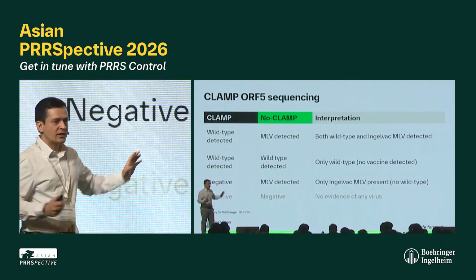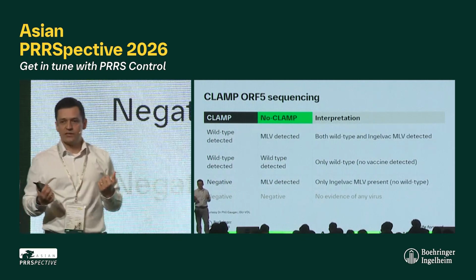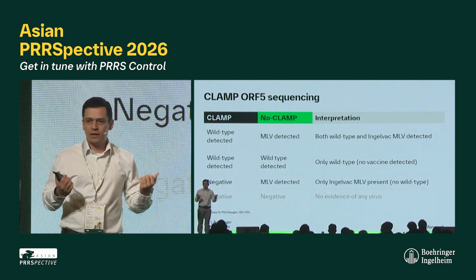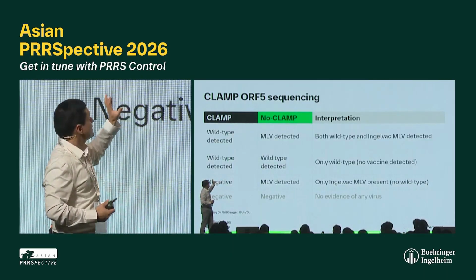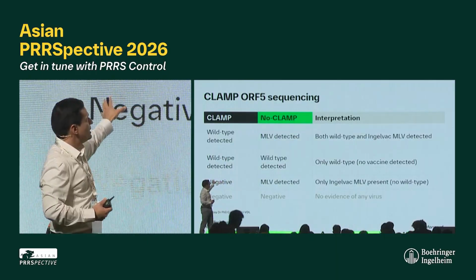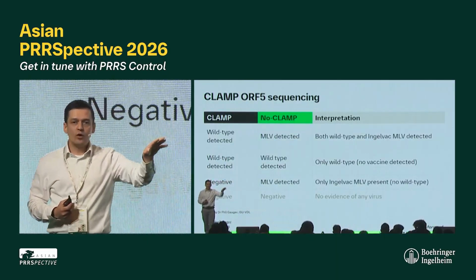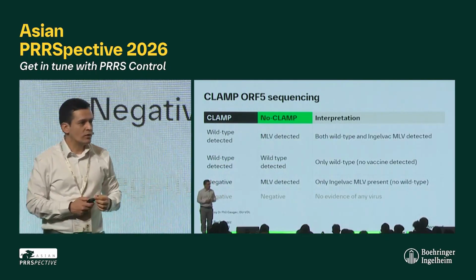And then the results are a 2x2 table showing what you saw in each of those sequencing assays, with and without clamp. So the different combinations will be, it's really only the MLV, or MLV and wild type, or one or the other.